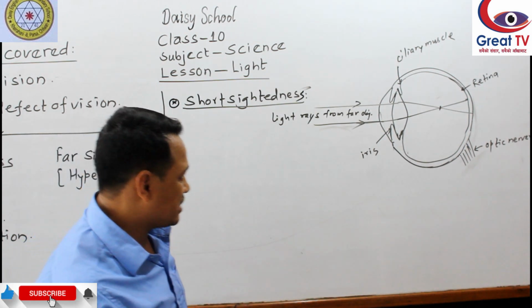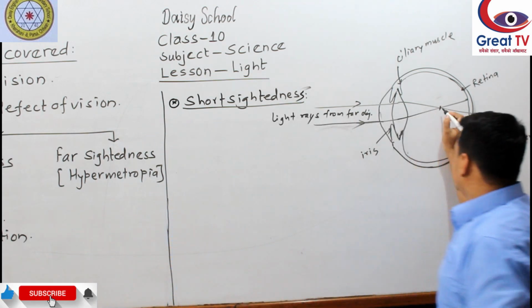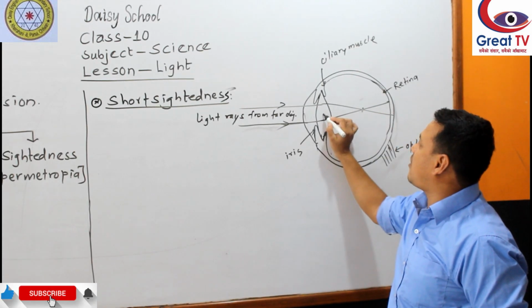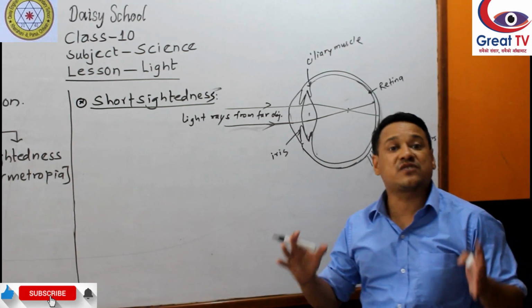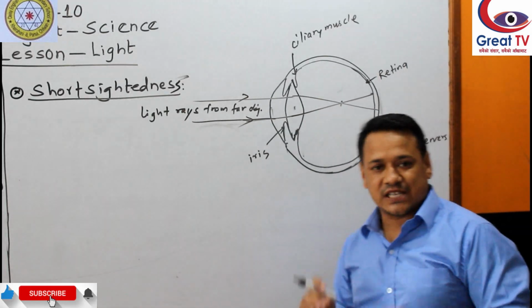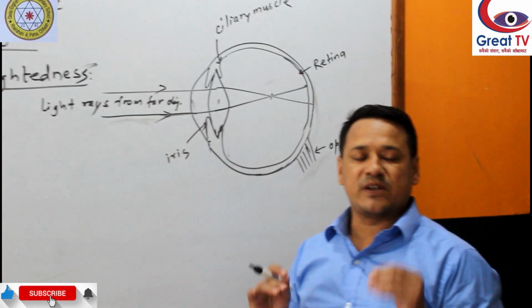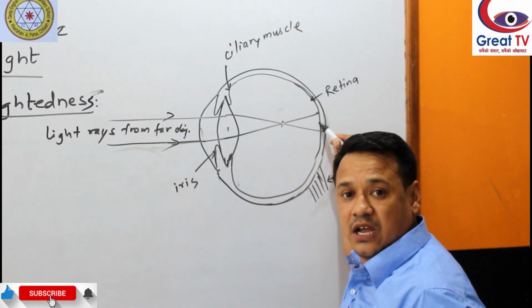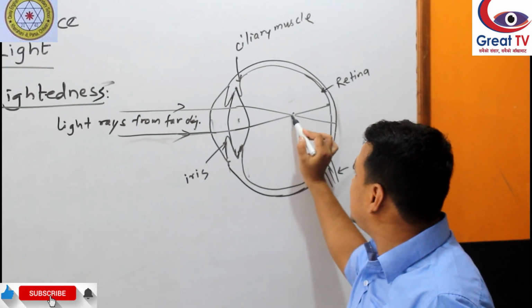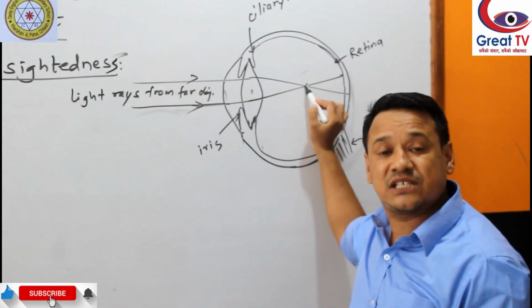Causes of short-sightedness: 1. The distance from the optical center to the intersecting point is the focal length. This intersecting point should be at the retina, but we have found it inside the eyeball.